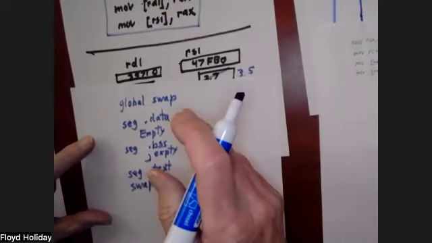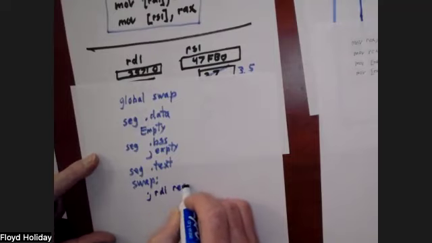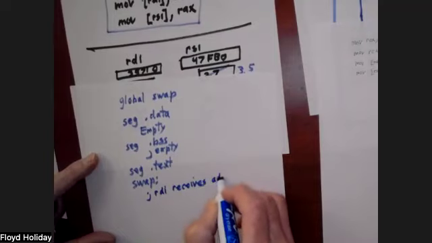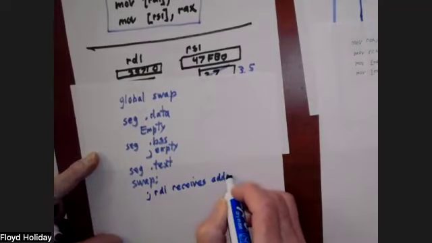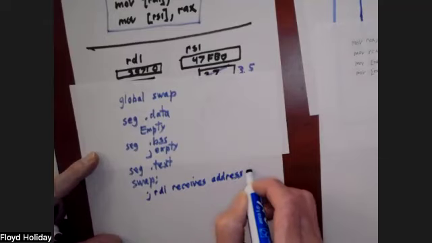The first value is an address. It's passed in under RDI. Let's document that here. RDI receives address of first argument.